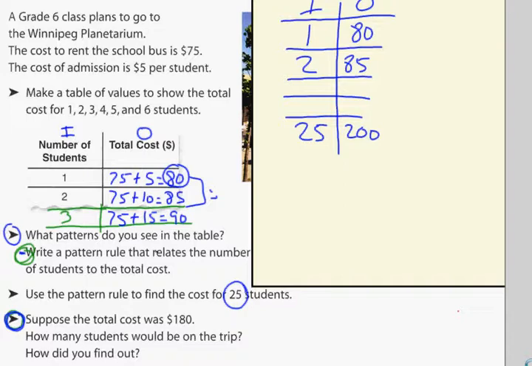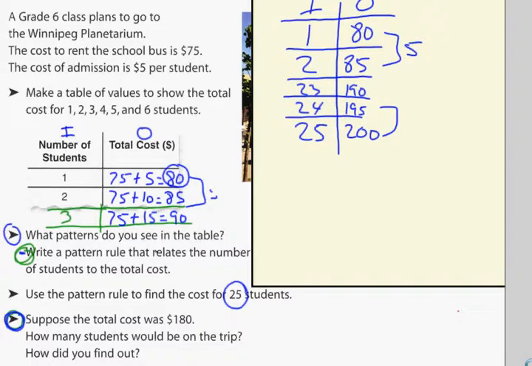Remember, these are going up by 5, or if you want to think the reverse way, if you're going in reverse, then it's getting $5 less. So this would be 24 students, for example. That would be 195, right? And then if you had 23 students, that would be 190.